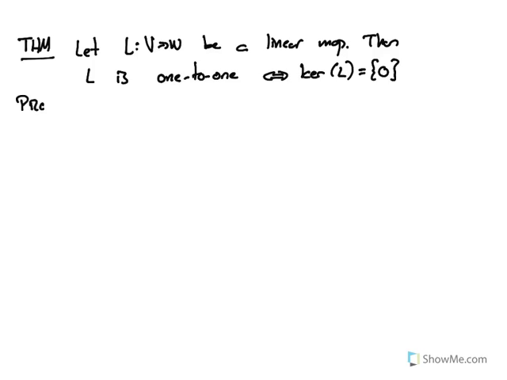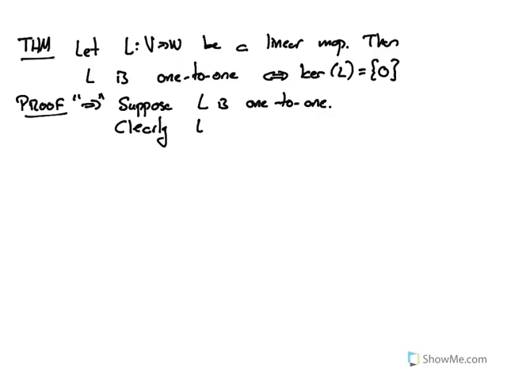Let's prove this. This is extraordinarily simple. So let's go in this direction first. Suppose L is 1 to 1. Now clearly L of 0 is equal to 0.